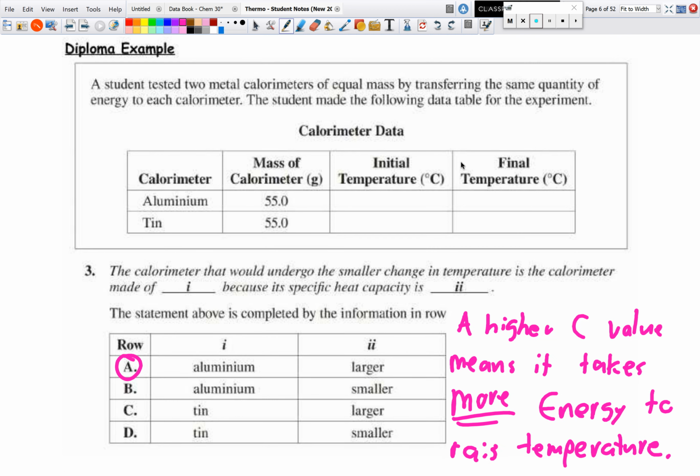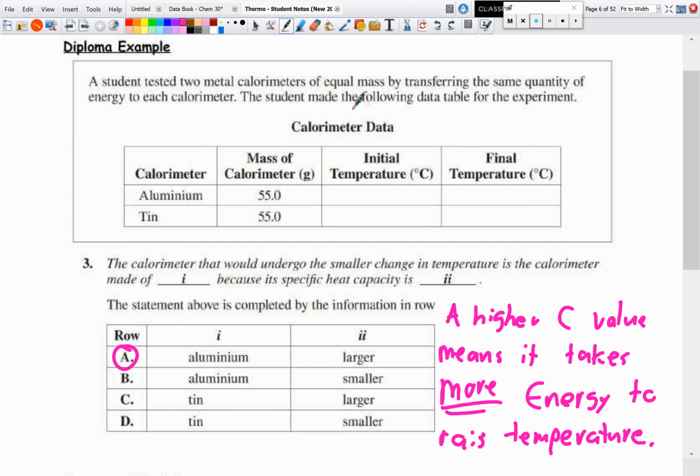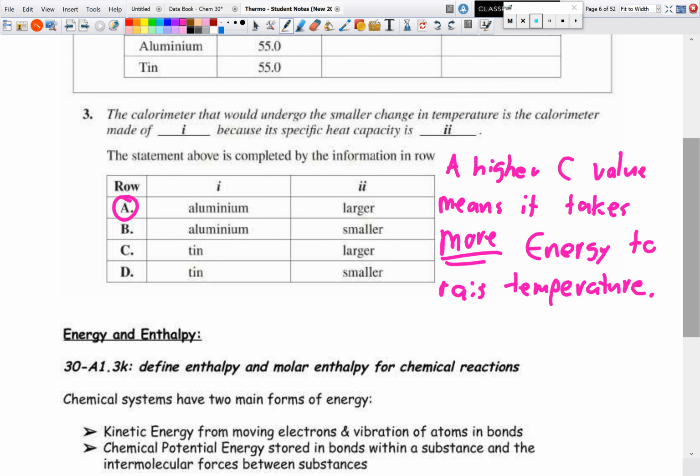So when we look at each one tested, they have the exact same mass and they're transferring the exact same amount of energy. So if it takes more energy to raise 1 gram of aluminum 1 degree Celsius, obviously it's going to have the lower temperature change because of the larger specific heat capacity. And the one with the lower specific heat capacity is going to have the higher temperature change because it takes less energy to raise its temperature.